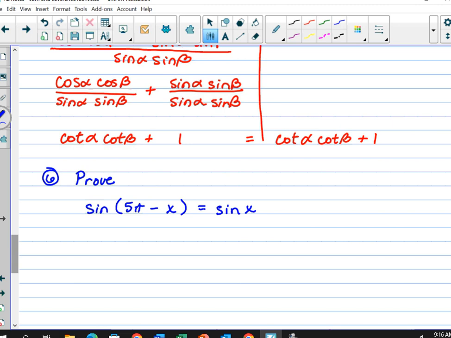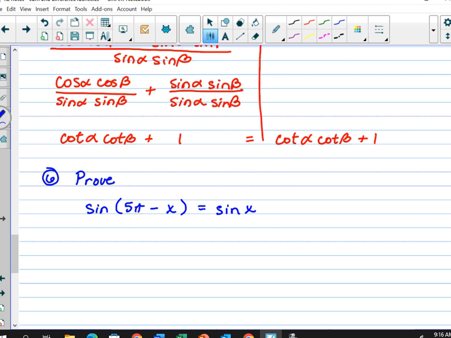Aiden sees something. Could you graph it? I mean, yeah, but that's not really how we're going to prove things.